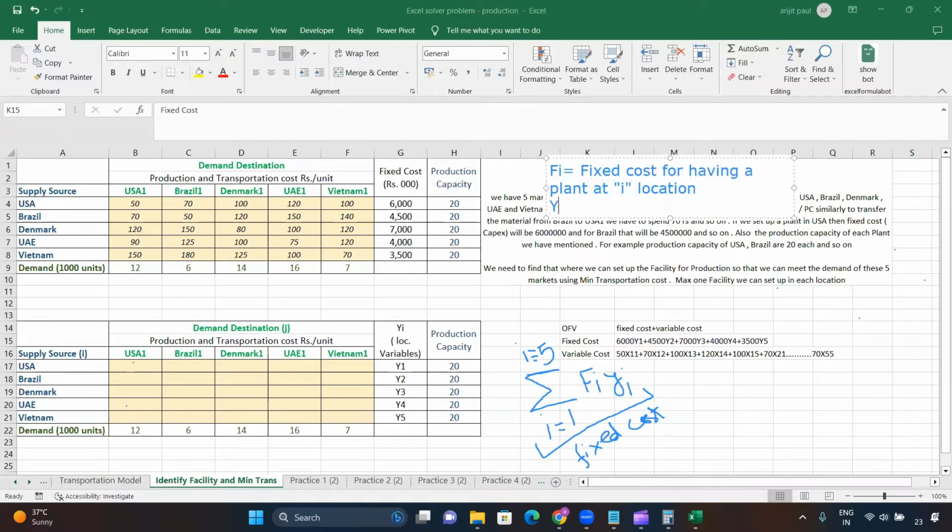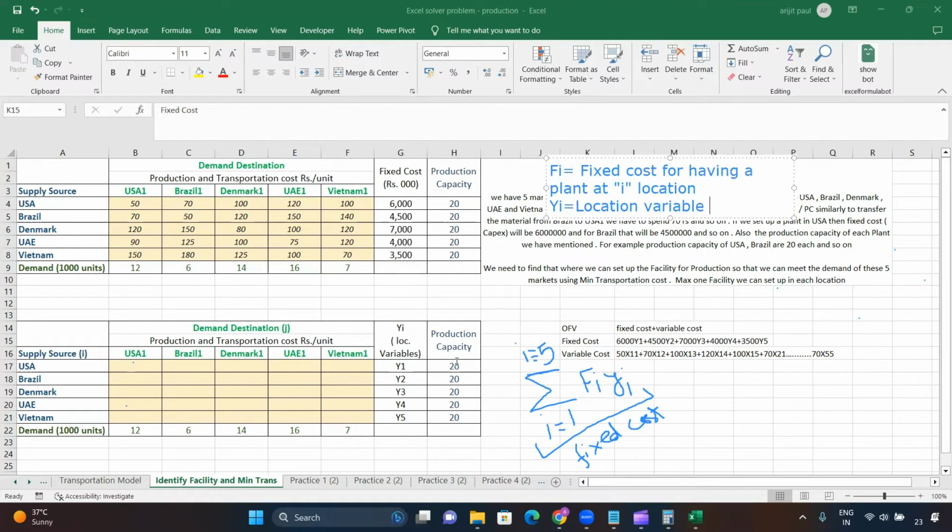And Yi, I already told you, is the location variable. So Fi, that is the fixed cost: 6,000, 4,500, 7,000. And Yi is the location variable where we want to set up the plant. From there only, we are going to consider the cost.